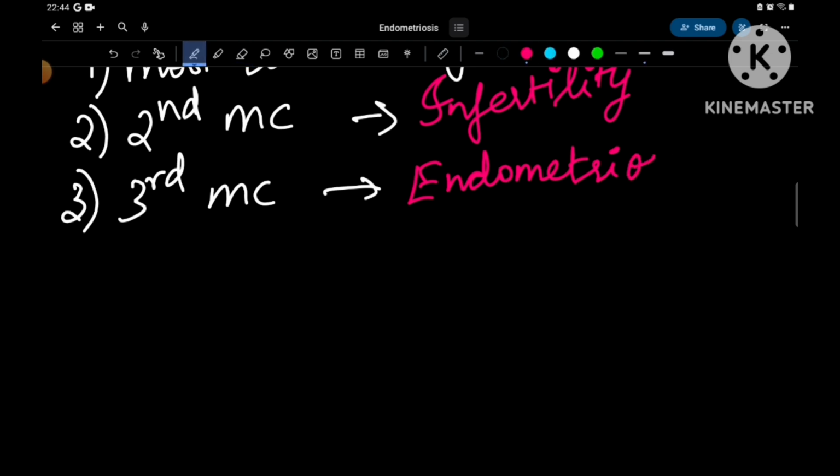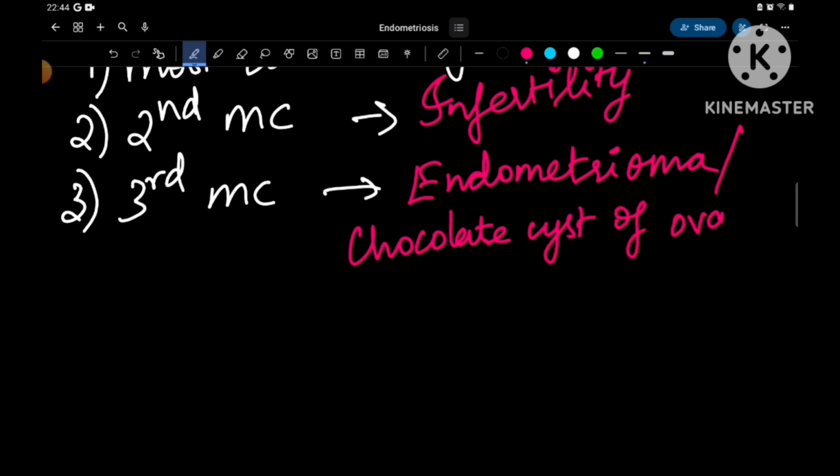It is also called chocolate cyst of ovary. It's present in the ovary. Can write it as chocolate cyst in ovary. That will be good.